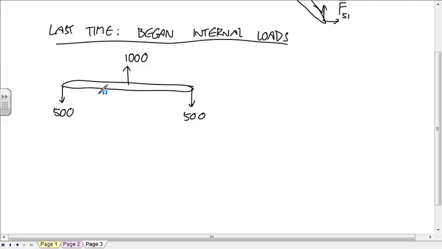At a distance of 0.25 meters, we wanted to calculate the internal loads, and we used a coordinate system. The coordinate system was oriented like this, and our about point was here.